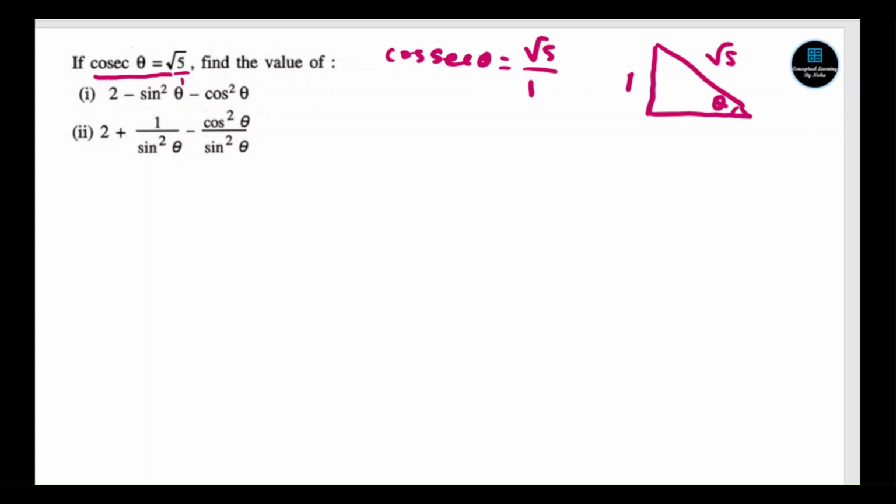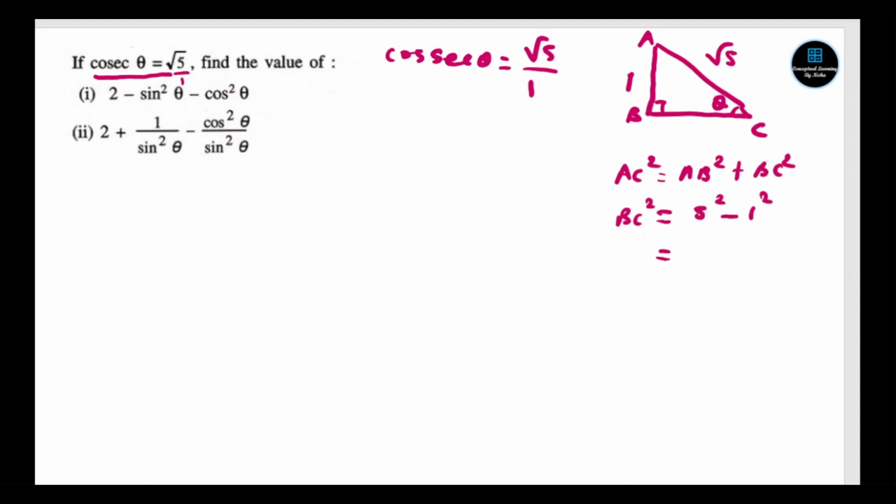Now let's say this is A, B, C here. You can easily find the value of BC using Pythagoras theorem. So when you use Pythagoras theorem, what do we get? AC square equals AB square plus BC square. By solving this, you get BC square equals AC square minus AB square, which is square root of 5 square minus 1 square.